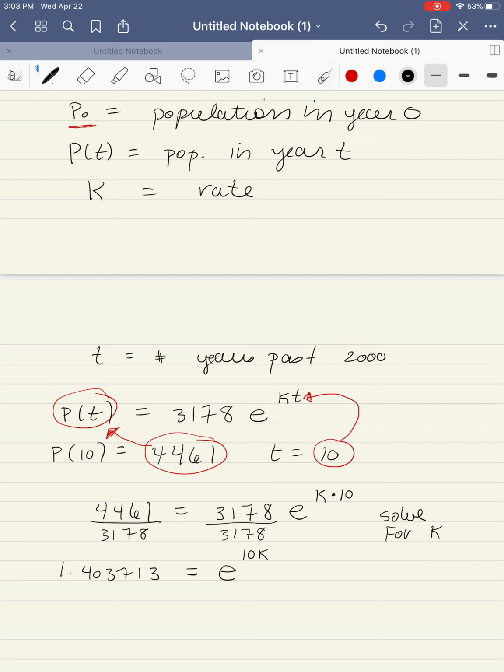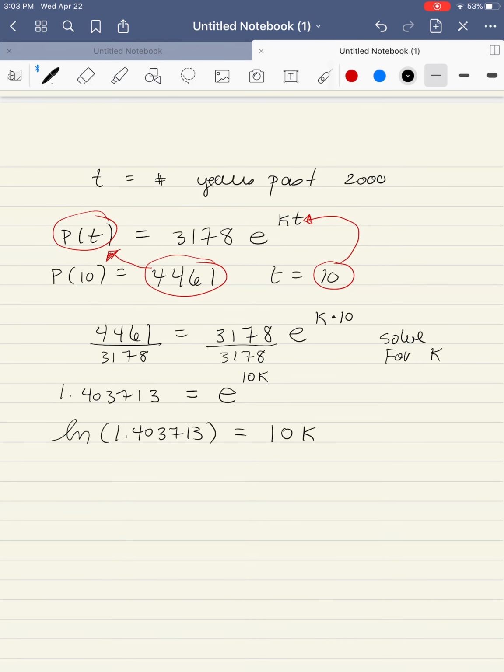That's probably enough places. That divided out the 3178. So I have e to the 10 times k. And now to solve for the variable in the exponent, I'm going to take the natural logarithm of both sides. The natural logarithm of e to a power is equal to that power, the exponent.